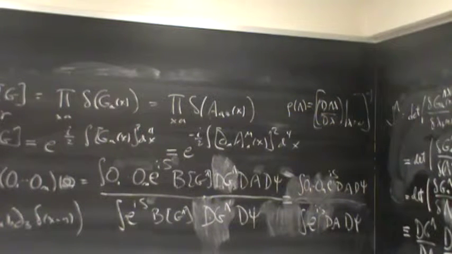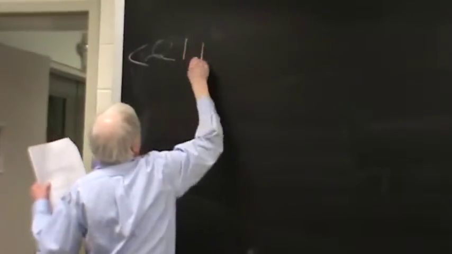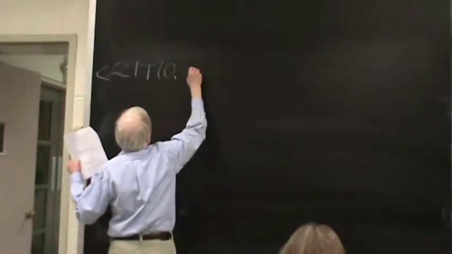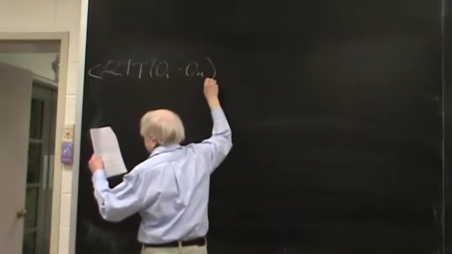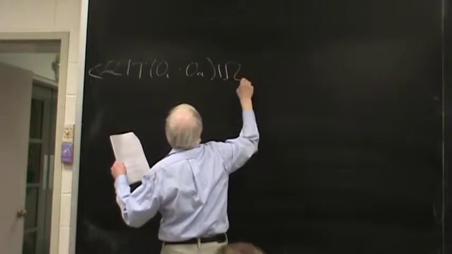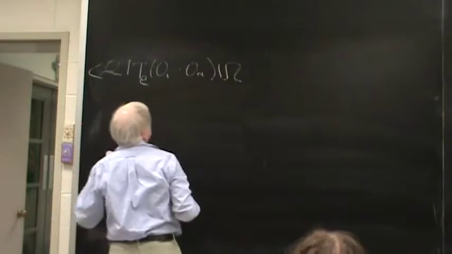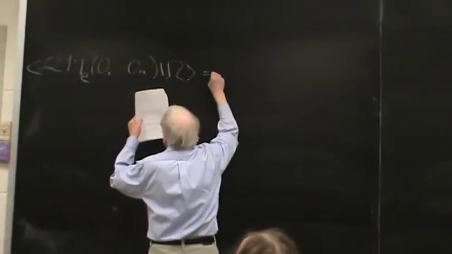Okay, there's an analogous formula in Euclidean space, and let me write that down. This is the ground state, time-ordered product of gauge invariant operators again, but now they're Euclidean time ordered.